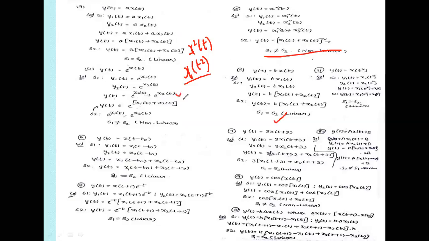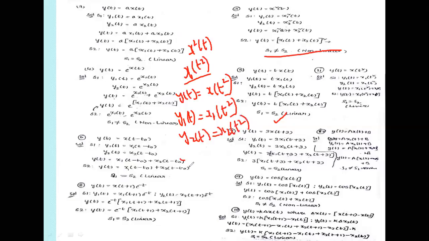Okay, let us take y of t is equal to x of t square as the given function. So let the input be x1 of t to get the response y1 of t, so x1 of t square, and y2 of t is equal to x2 of t square. Then you can add the two functions, x1 of t square plus x2 of t square. Let this function be S1.